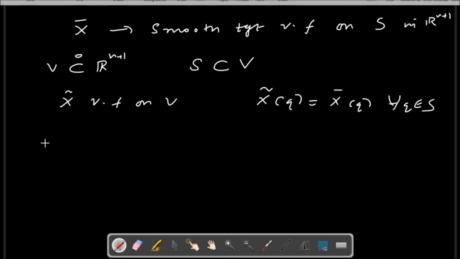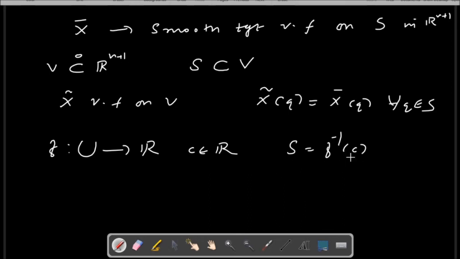Now, since S is an n-surface, you can have a function f from an open set U to R, and a c in R such that you can write S as f inverse of c, correct? This is true. And also del f of Q must not be equal to 0 for all Q in S, correct?